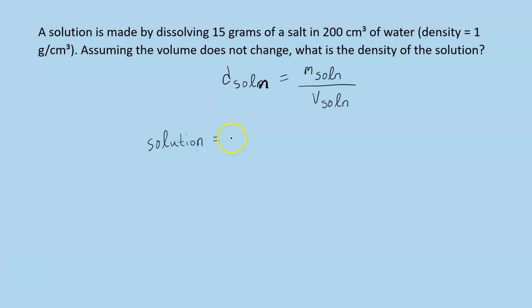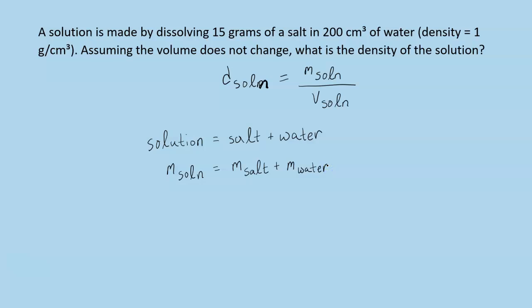In this case, it's going to be the salt plus the water. So if I want to find the mass of the solution, I need to find both the mass of the salt and the mass of the water.